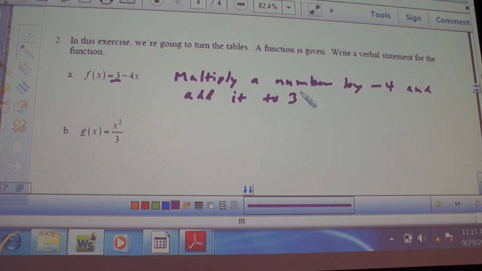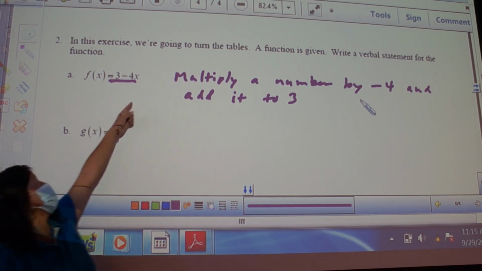How do you get adding 3? Because I'm adding it to 3. Or you could say, because I have -4x, is it being multiplied by 3 or is it being added to 3? Well, it says subtract there, but I'm multiplying by -4. So remember, the sign always goes with the number behind it.